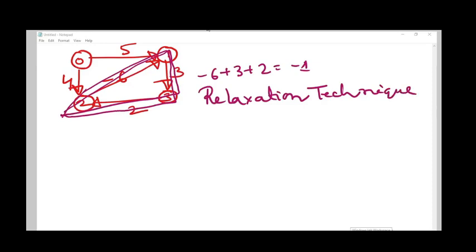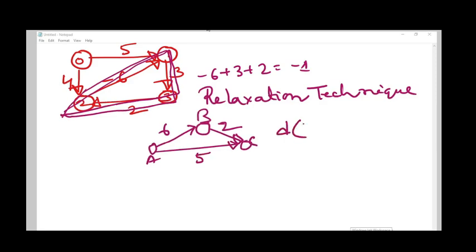What does the technique say? Let's say we have one path from A to B, another path from B to C, and another path from A to C. Let's say this is 6, this is 2, and this is 5. So the distance AB plus the distance BC is 6 plus 2, which is 8.